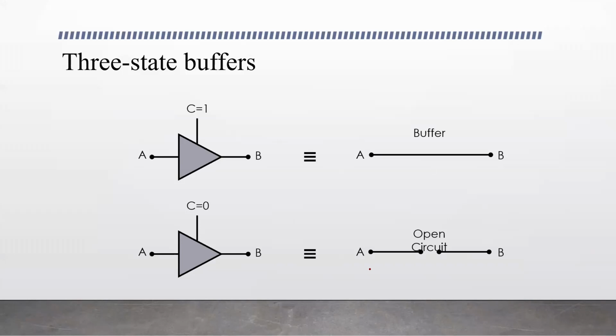If the input to the buffer is 1, the output will be 1. But these 3-state buffers will have 3 states. The third state is the high impedance state, which we call disconnected. There is no connection between input and output, so there will not be any output. We say the buffer is in a disabled or disconnected state. It is the high impedance state.